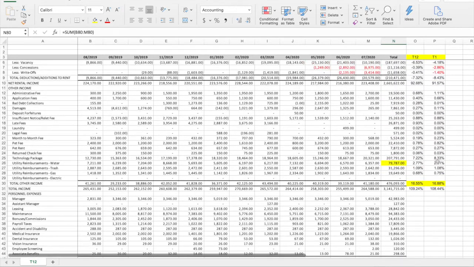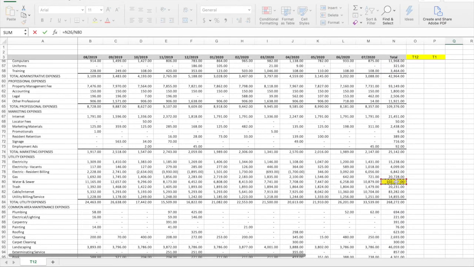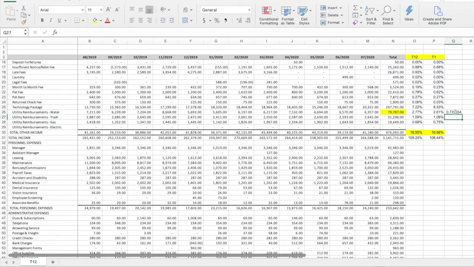So we can say, okay, let's see what percent they're billing back. Should be about 80%. Equals total recovery divided by total cost. And you can see, okay, they're billing back 77% of the water, which is pretty good. There's not a whole lot more that you can really get out of that. Typically, about 80% is what you want to bill back. So that's a good sign.